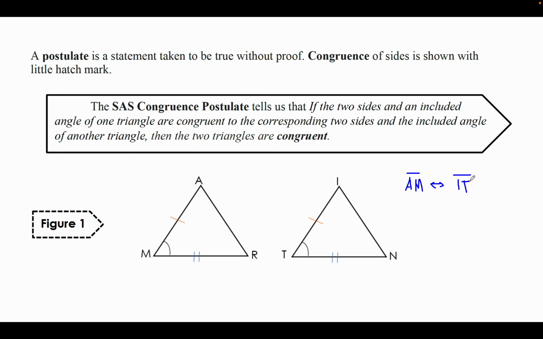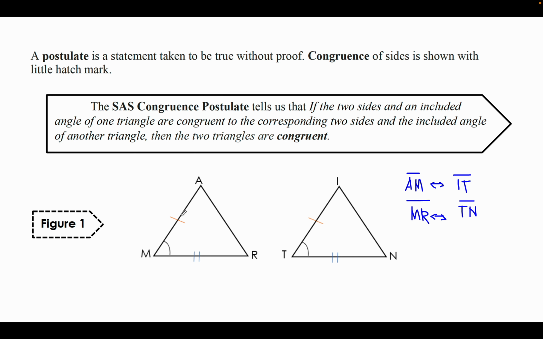Here, IT. And another one, line segment MR, take note we have the markings here. That shows that the two sides here are congruent or corresponding sides. So line segment MR corresponds to line segment TN, okay?